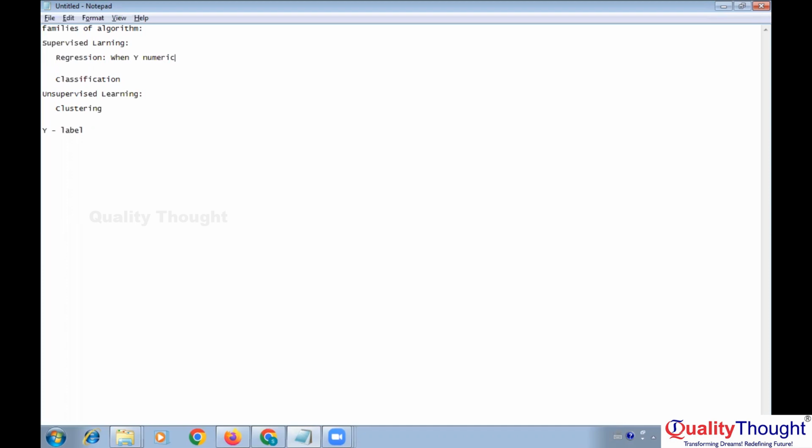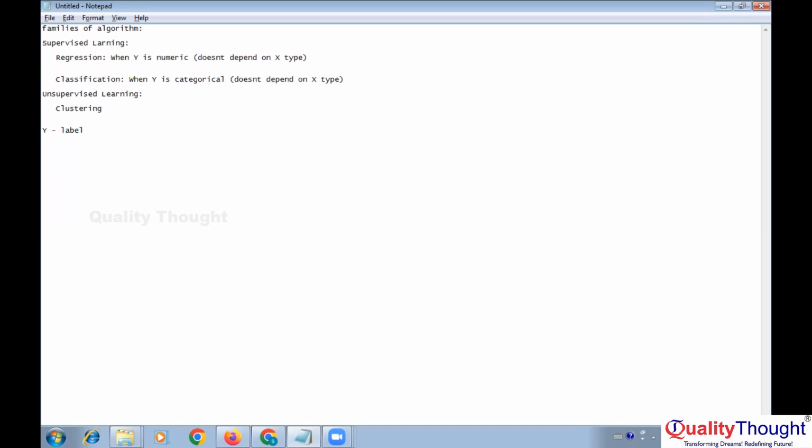So when Y is numeric, and doesn't depend on X type, we use regression. And when your Y is categorical, then we use classification.